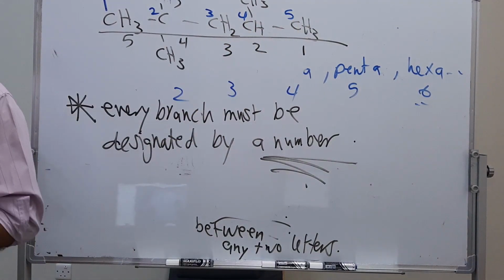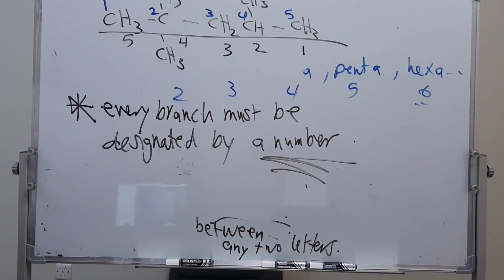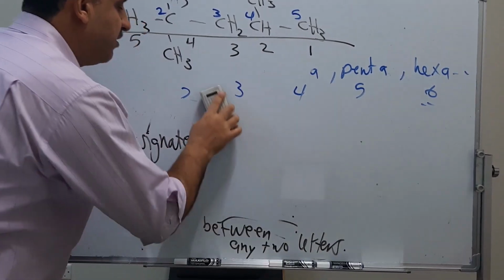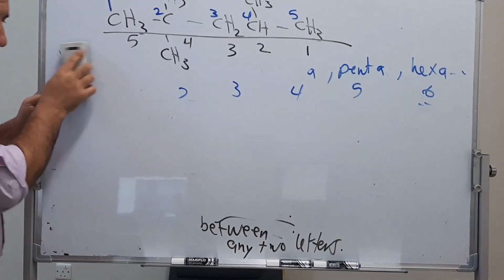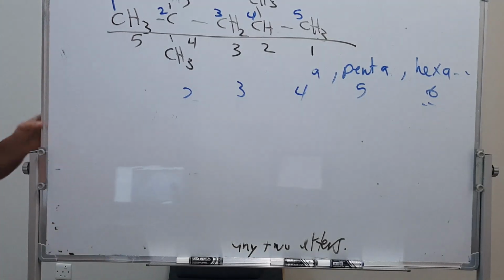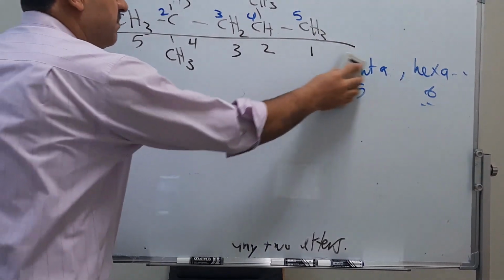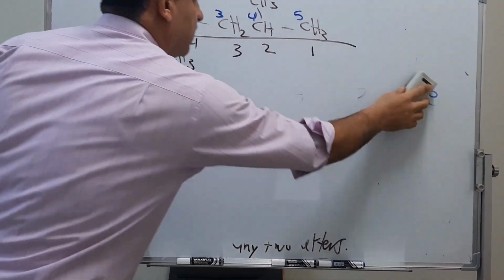Which numbering is the correct one? Sometimes they are both the same, sometimes they are totally different. I mean, one will be correct, one will be wrong. Because as I said, science is all about precision and accuracy. We must be precise and we must be accurate. Alright? So which numbering is correct and why?